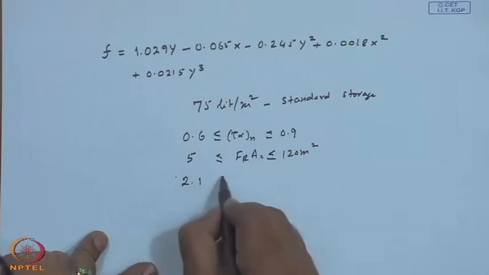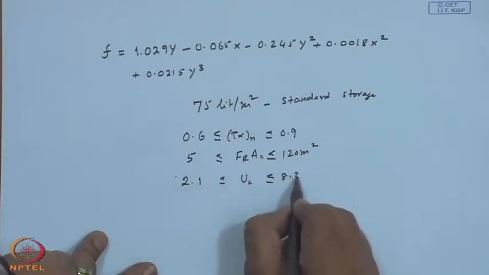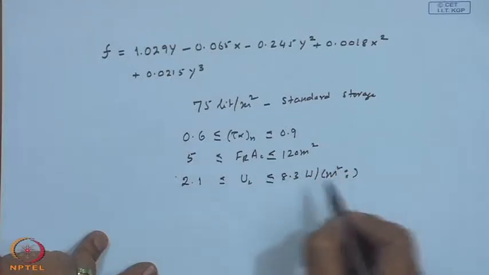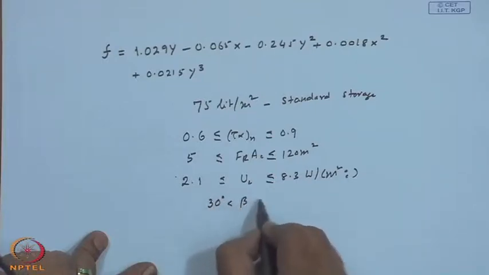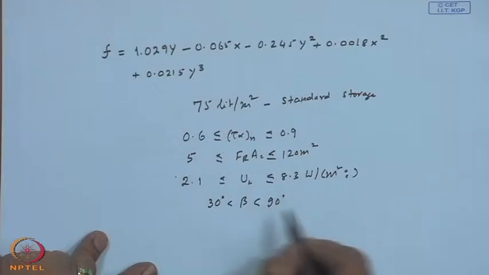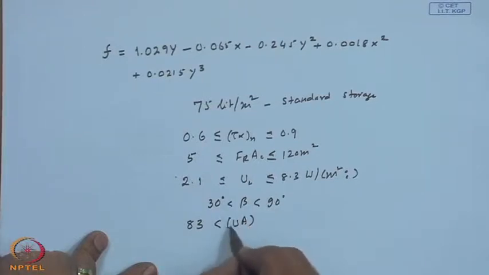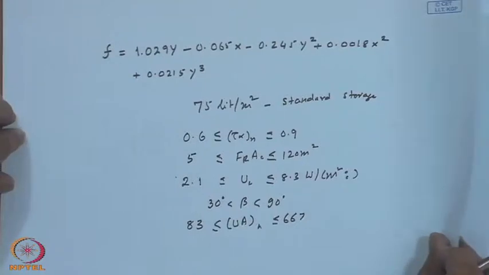The overall loss coefficient is between 2.1 and 8.3 watts per square meter degree C, and beta is between 30 and 90 degrees. And the building loss coefficient, which we discussed yesterday in detail, is in the limits 83 to 667. This, when multiplied by the degree days, will give you the space heating load directly.